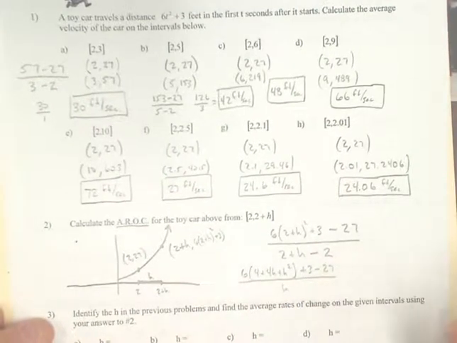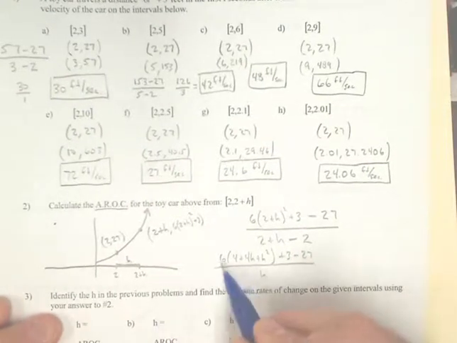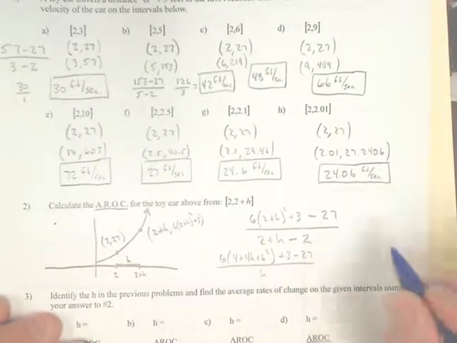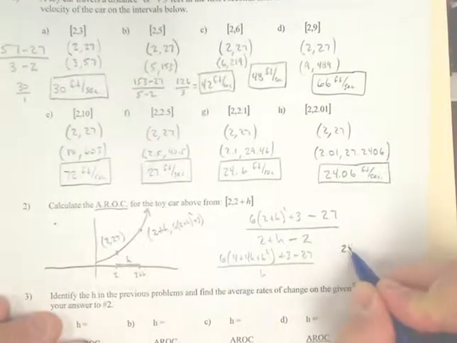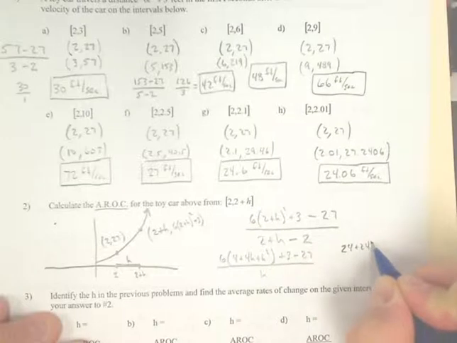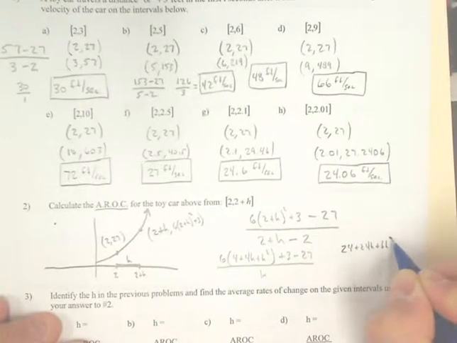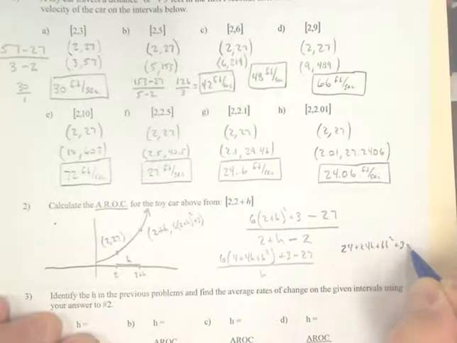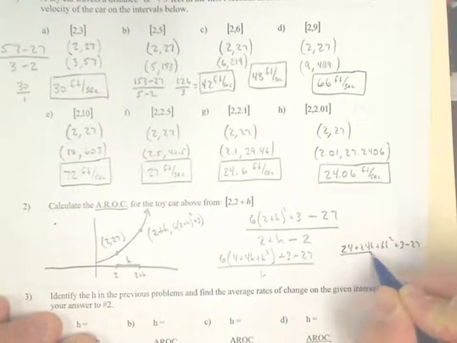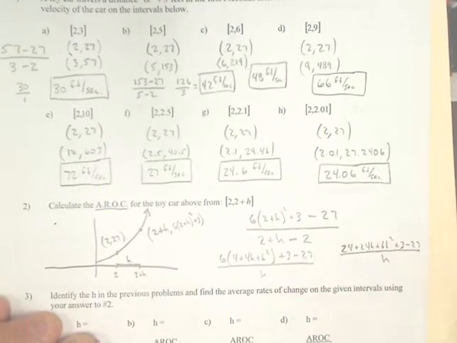Now distribute the 6: 24 plus 24h plus 6h squared plus 3 minus 27, all over h. Simplifying, the 24 plus 3 is 27, minus 27 all cancels.